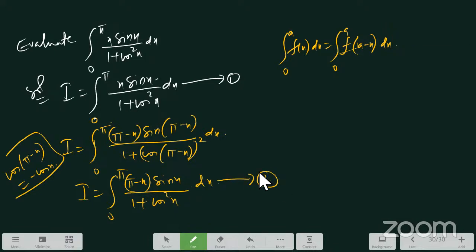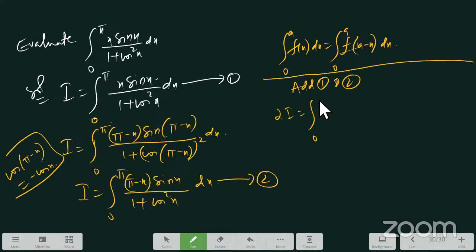Same. Again add 1 and 2. I plus I is 2I. The integral from 0 to pi of x sin x by 1 plus cos square x plus pi minus x, sin x by 1 plus cos square x dx.